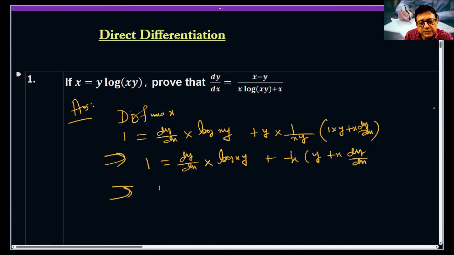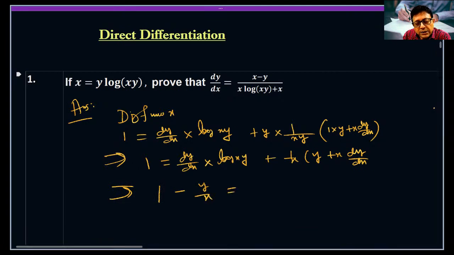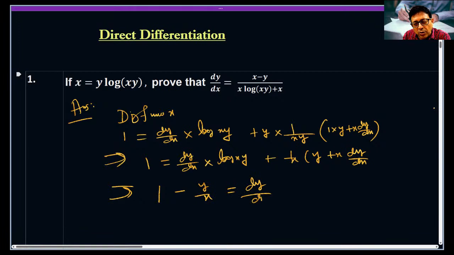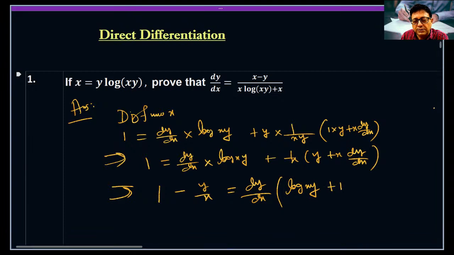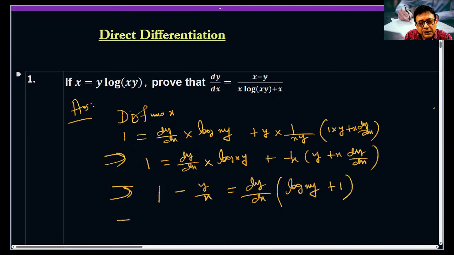Now take the terms free of dy by dx on the left side and terms containing dy by dx on the right side. So common, log xy plus 1, isn't it?